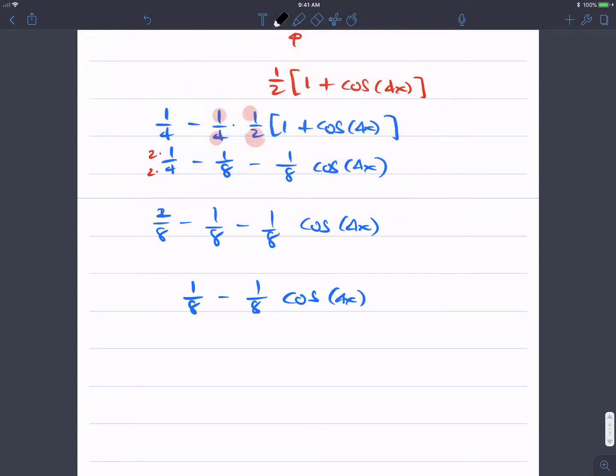Now we get to what? We get to integrate here. And by properties of integration, you get 1/8 integral dx minus 1/8 integral cosine 4x dx.